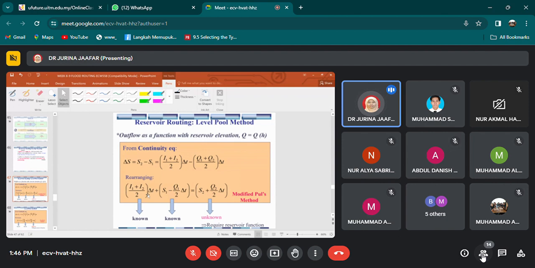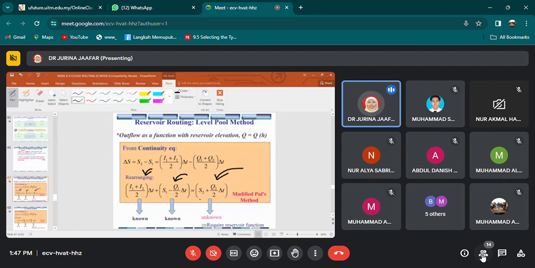Kita akan tengoklah maklumat di situ kalau modified pools method, di mana parameter yang pertama, set yang pertama kita tahu inflow time step 1 dengan time step 2 kita tahu. Set of storage yang pertama dan outflow yang pertama ditahu, dan set yang kedua ini yang kita nak kira iaitu storage pada peringkat 2 dan juga Q outflow yang kedua. This is modified pool method.